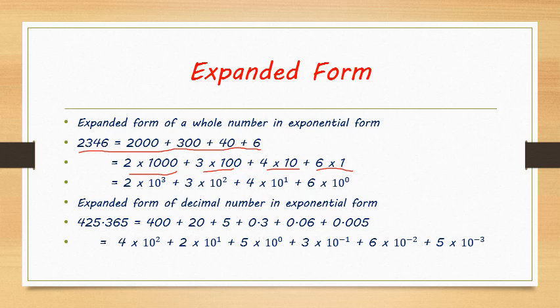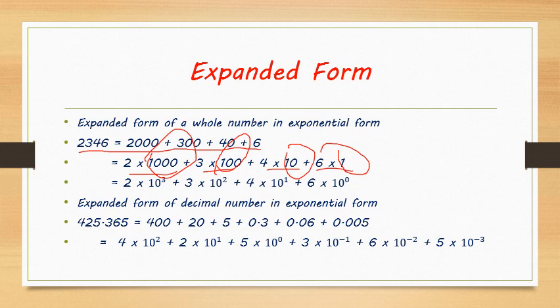Now what is 1? It represents the 1's place, the 10's place, the 100's place, the 1000's place. So place values are multiplied by the face value, and it will give you the same result.